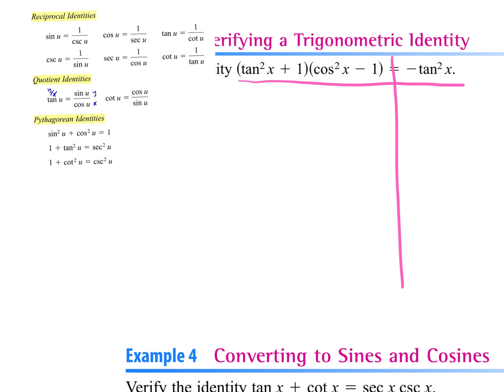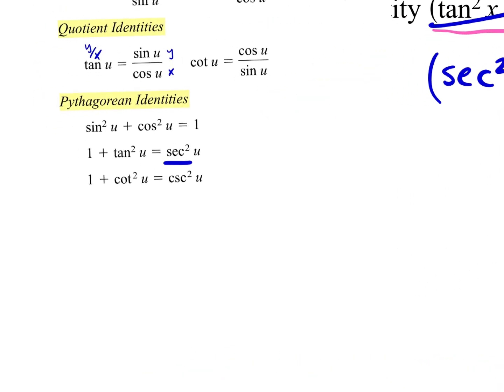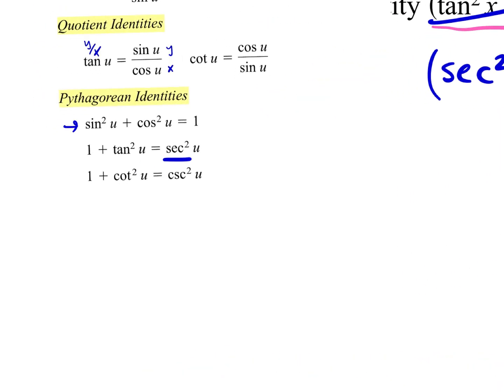We can change tangent squared plus 1 to be what? Secant squared. Perfect. So I'll replace that with secant squared. And then we have cosine squared minus 1. I can rearrange my Pythagorean identities to be cosine squared minus 1.